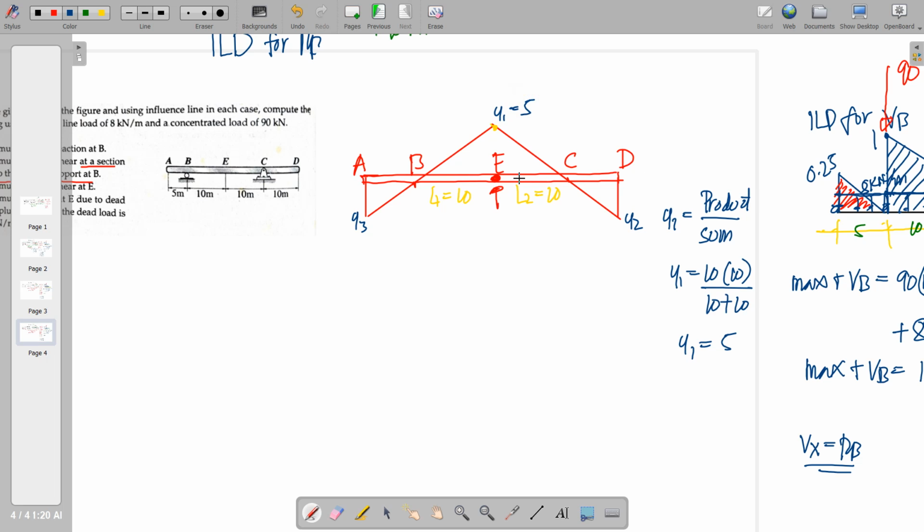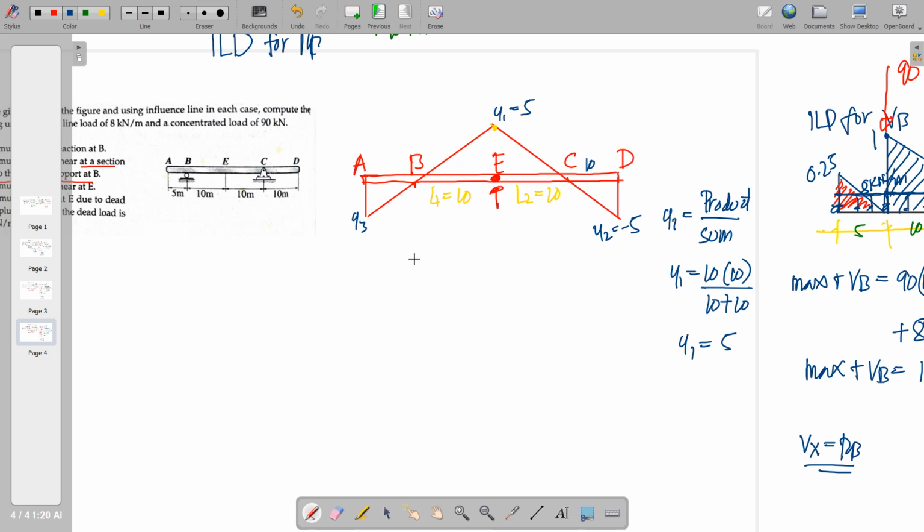And obviously, since we have the same base for this CD, which is also equal to 10, we can simply conclude that Y2 here will also be equal to negative 5, or the same magnitude as this one.